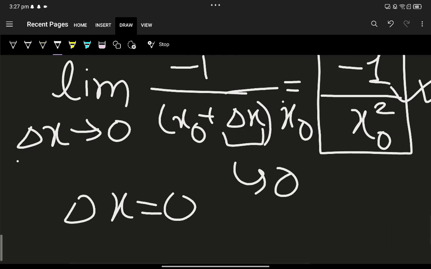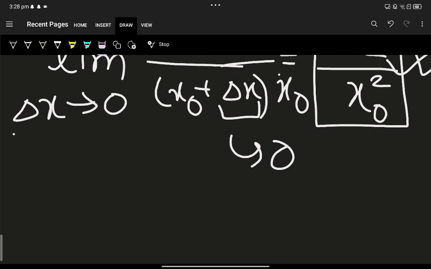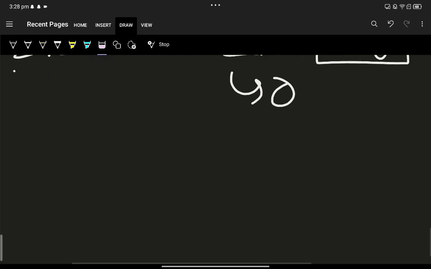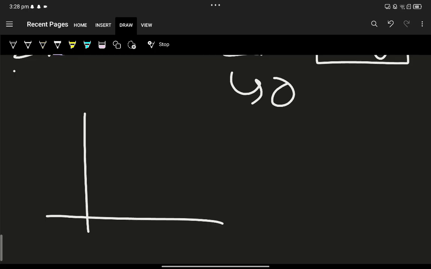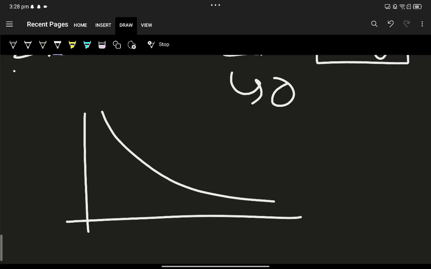So this was the second part of the lecture on how to find the derivatives of the functions we know. And the first function was 1 by x, and it's actually negative if you see. And why is it negative? It's obvious that our graph is somewhat like this.